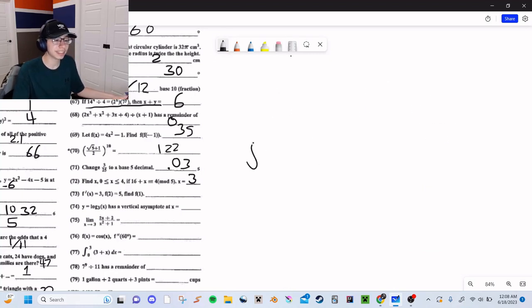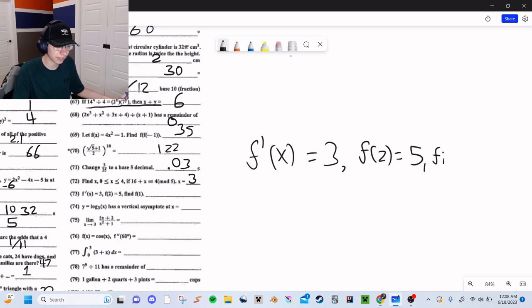73 is some calculus here. So f prime of x is equal to 3. Then f of 2 equals 5. And find f of 1. Okay, so let's get some of this notation cleared up.